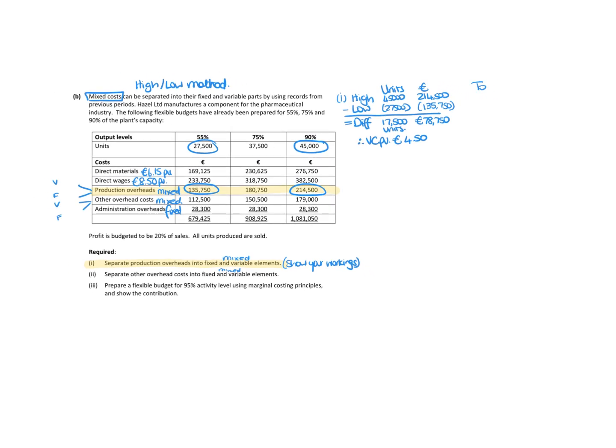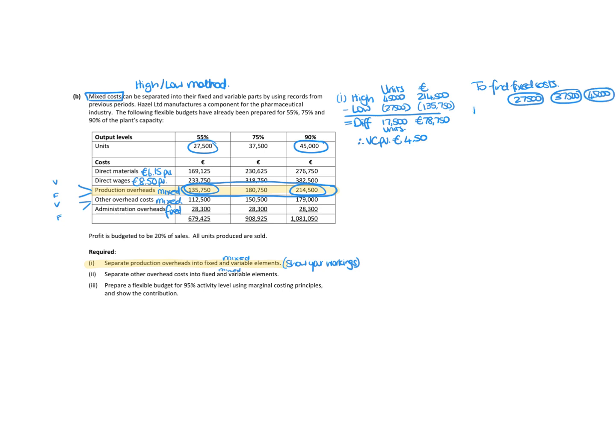Now to find the fixed cost then, if we have the total costs here, these are the total costs, but now we know that the variable cost is €4.50, we should be able to find what the fixed costs are if we take all of the variable costs away. So we'll look at 27,500 units, we'll look at 37,500 units, and we'll look at 45,000 units.